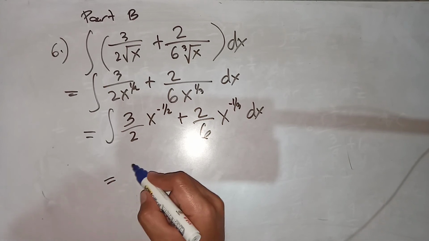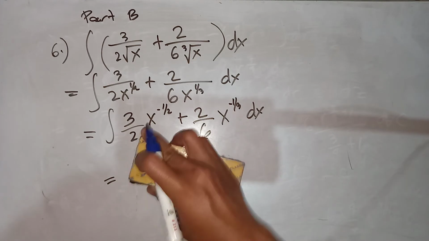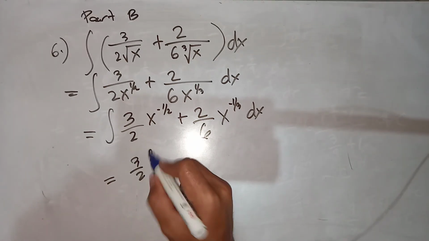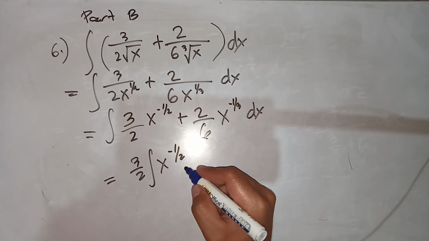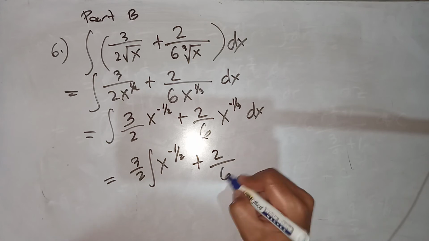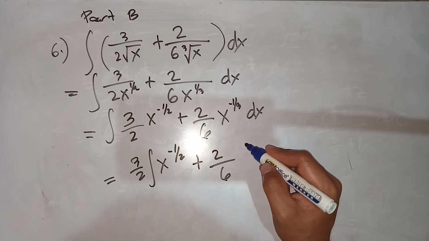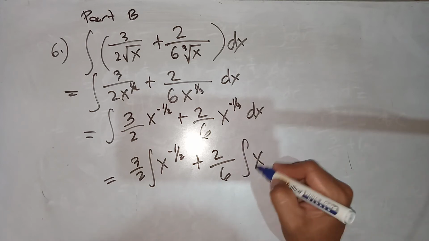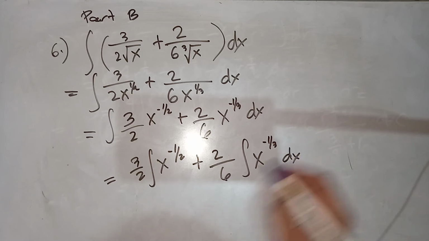This becomes 3/2 integration of x raised to negative 1/2 plus 2 over 6 integration of x raised to negative 1/3 dx.